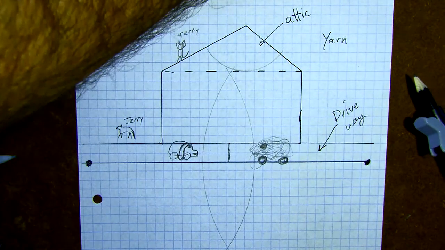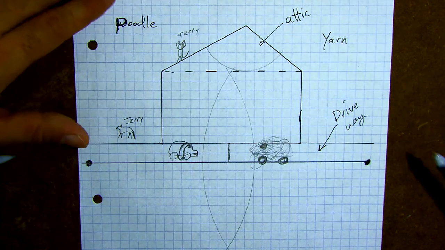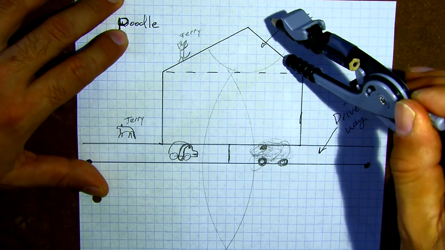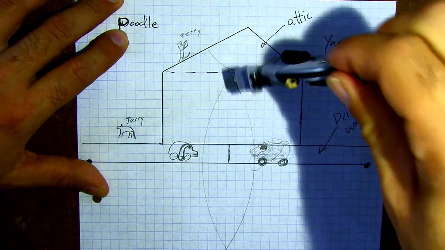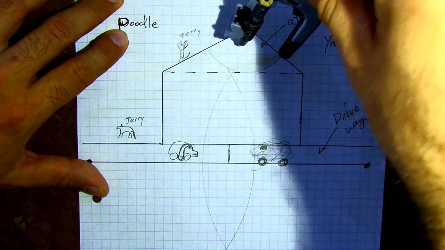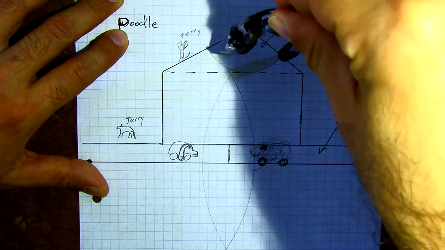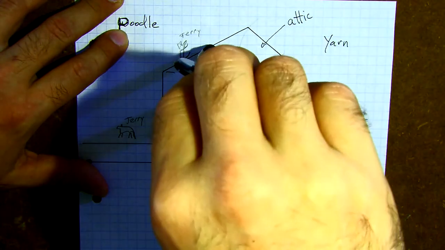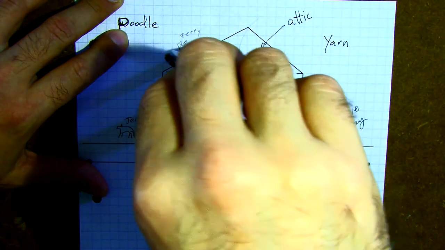Whoa. Now they're not going to fight to the death. Yarn and Poodle. All right, next I go to the arc ray intersection over here, and I'm going to make my compass more than halfway to the other point, and I'm going to make my double fish. Ooh, wait a minute.